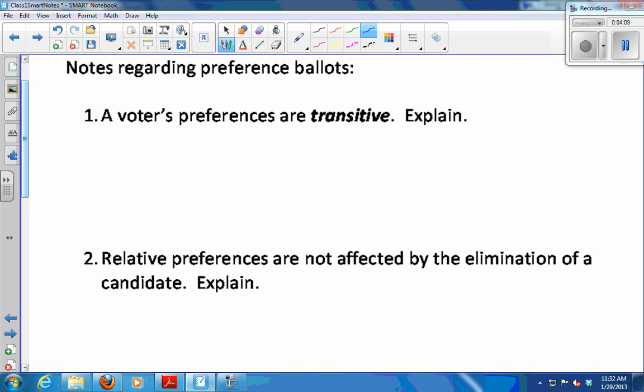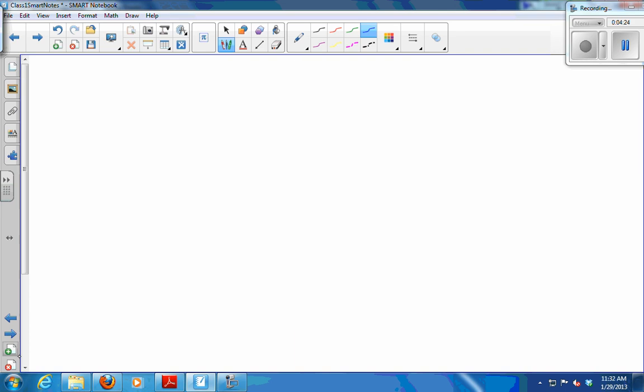That's a good guess. Anybody heard it in a math class? The transitive property of equality? Sort of, yeah. So transitive, or transitivity, okay. Here's one example.